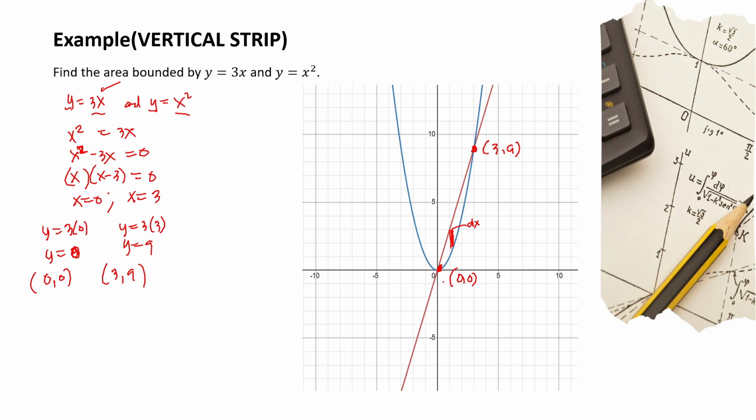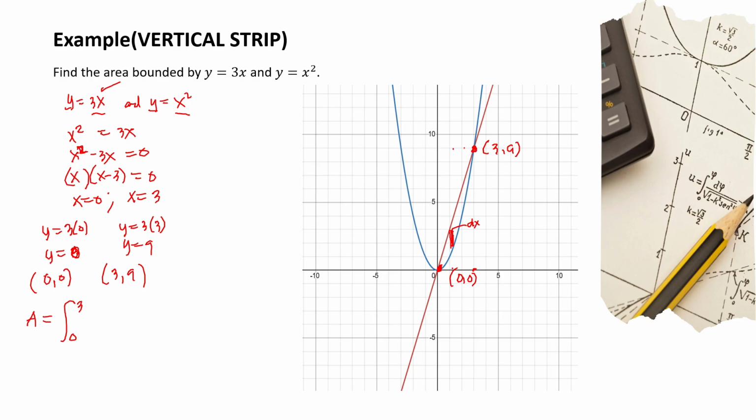So our change with respect to x is from this point 0 to this one 3, so our limits are from 0 to 3. Because this is a vertical strip, it is parallel to the y-axis.